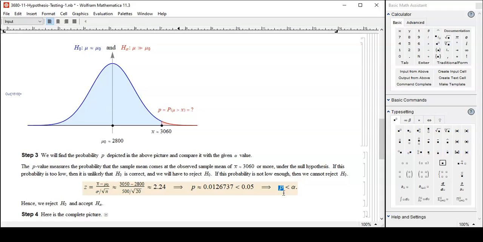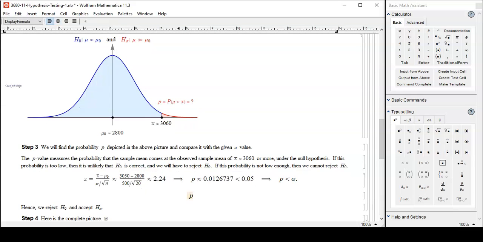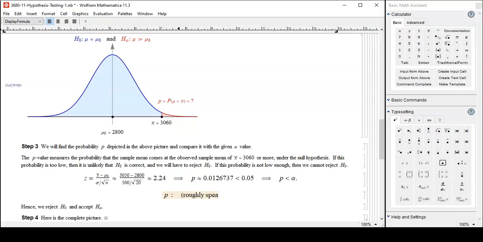Did it make sense? If you understand type 1 error, type 2 error, all the conditional probabilities, that must have made sense. If you're a little bit hazy, that explanation probably didn't make it. So if I give you a bit of a shortcut, which is not completely right, you can consider P as roughly speaking the probability that null is right.